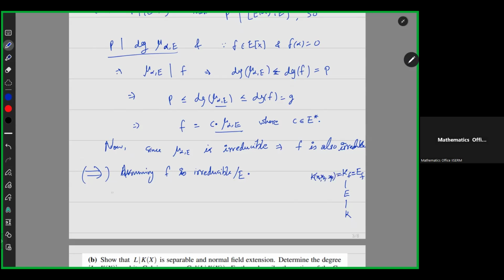So the total degree of extension K_F over K is less than or equal to P factorial, right?